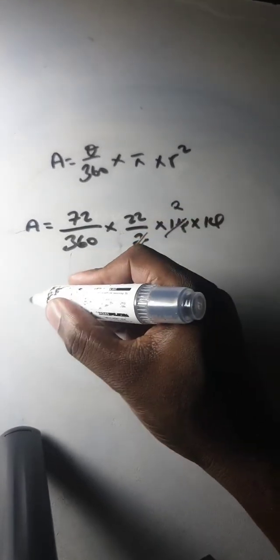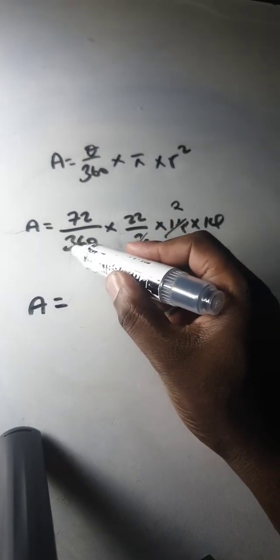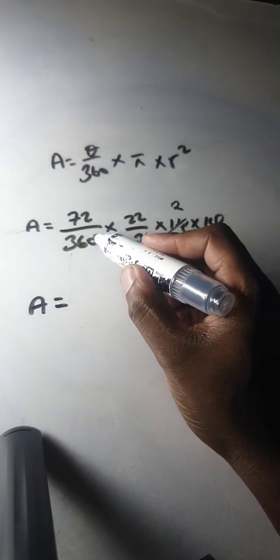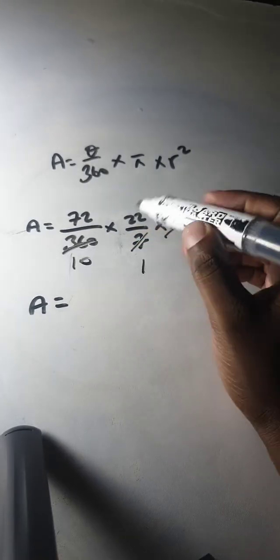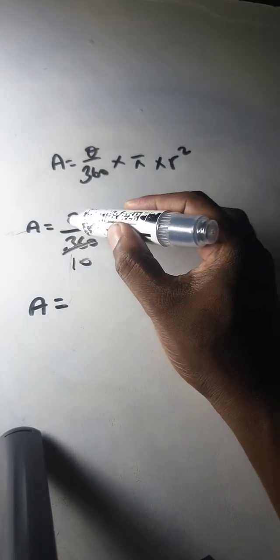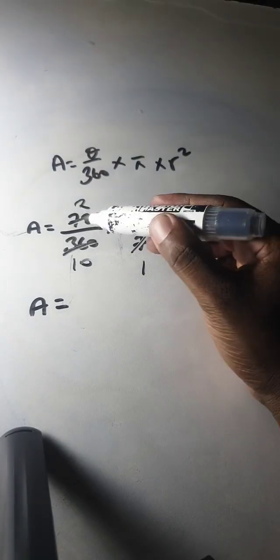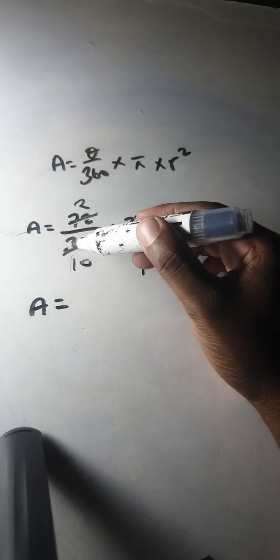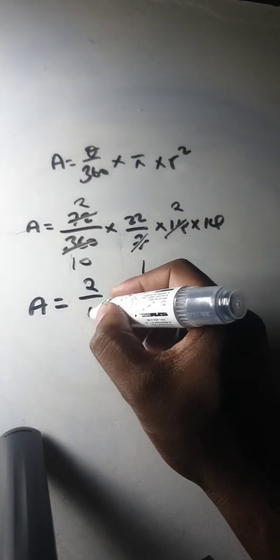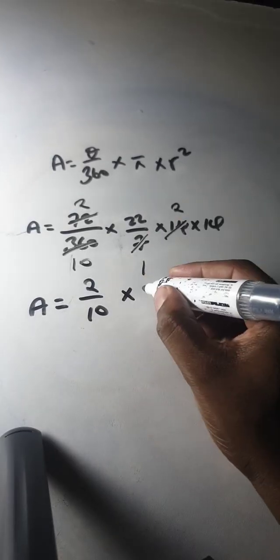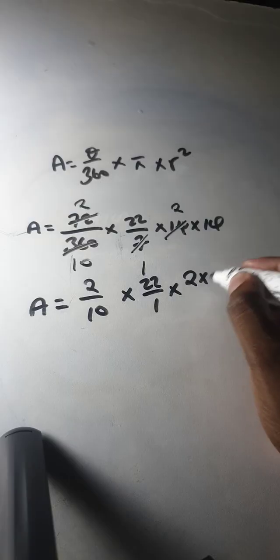Then I can simply go like 36 into 360. Get me? 36 into 360 is 10. But 36 into 72 is 2. So now we have 2 over 10 times 22 over 1 times 2 times 14.